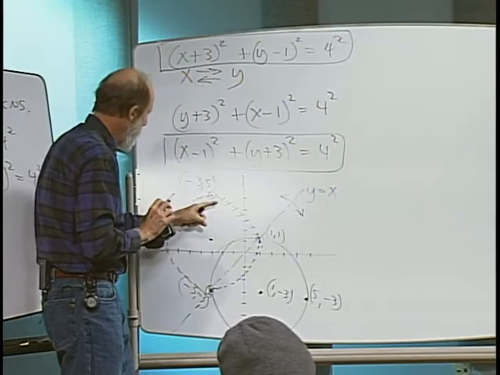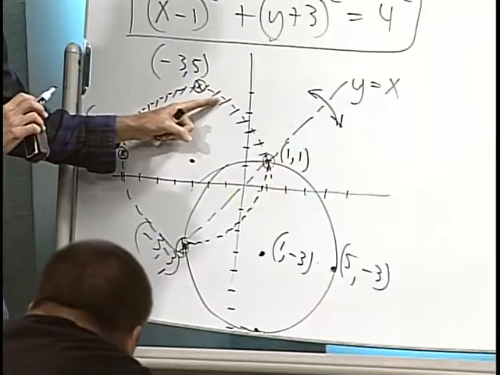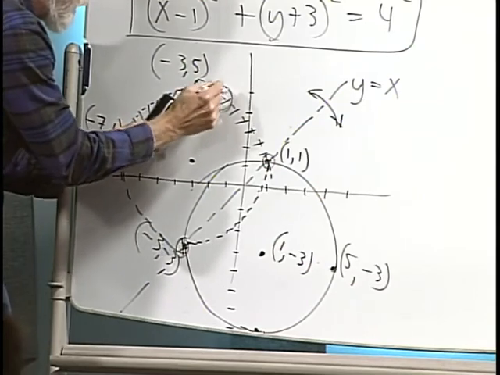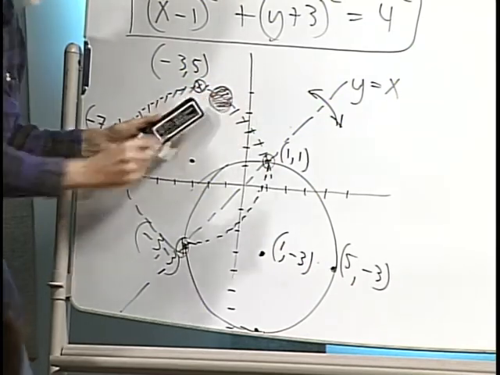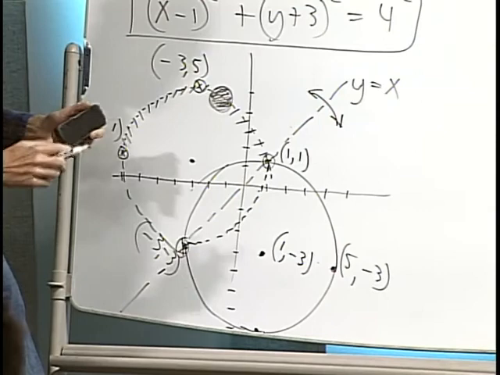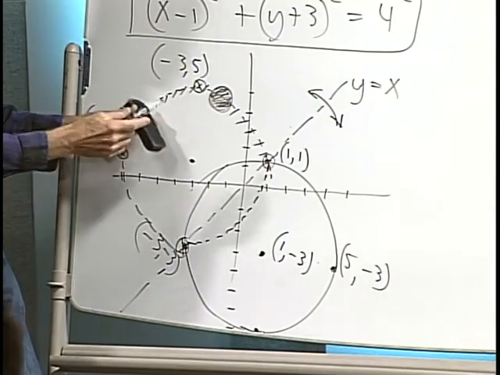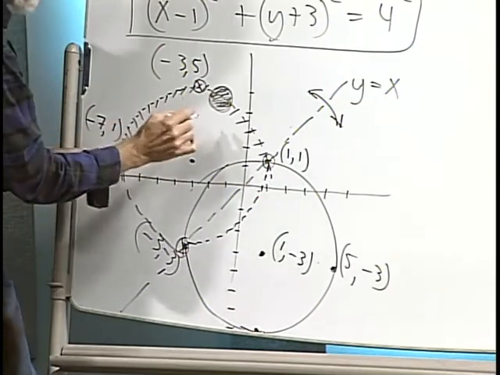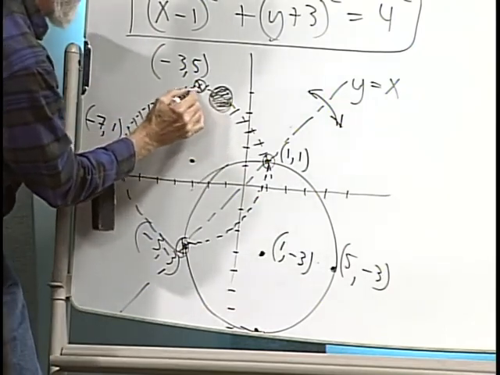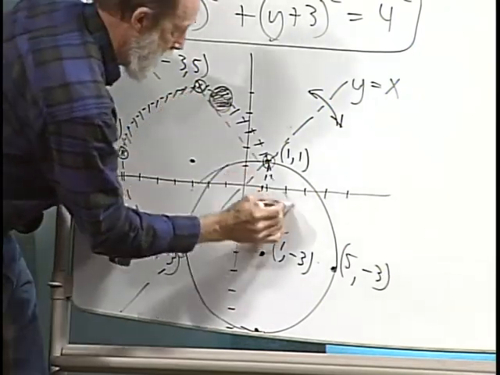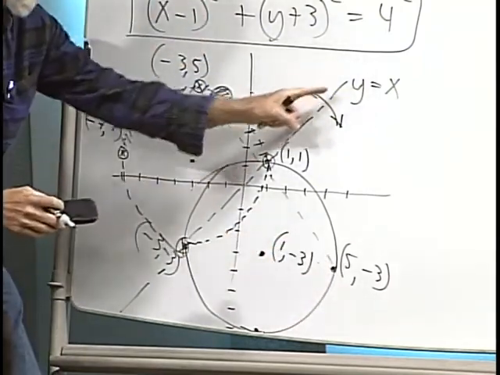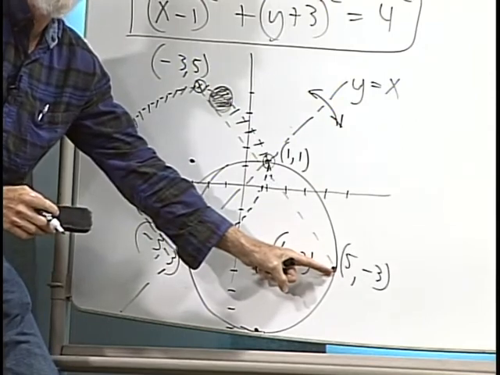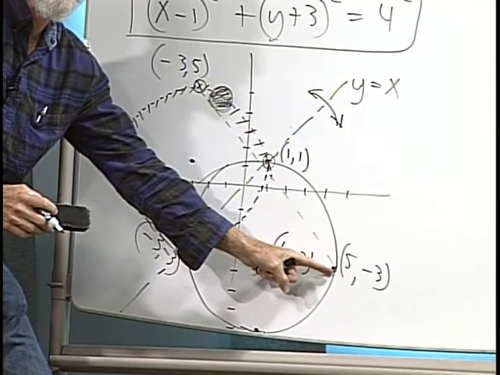And then, let's see, what about this point? Where does that point go? Watch this. You'll like this. If you ever have the sketches, you could take a point like this and go perpendicular to the y equals x line, across there, out the other side, to a mirror point.